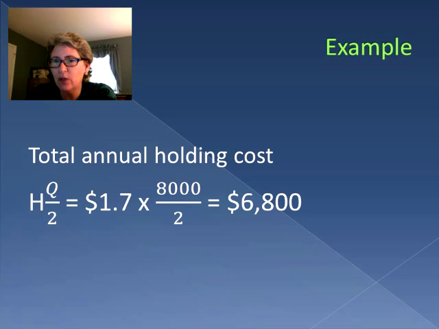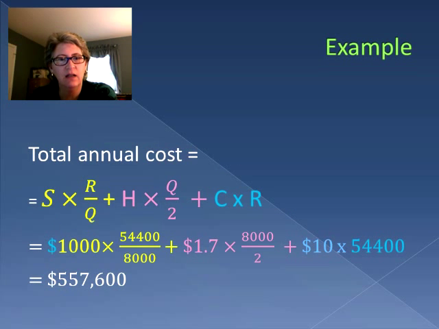So those two numbers should be the same when we're using the economic order quantity. Now lastly, our total annual cost: we're going to take our setup costs, our holding costs, and our unit costs and add them all together. And we end up with $557,600. So that's how we use economic order quantity.